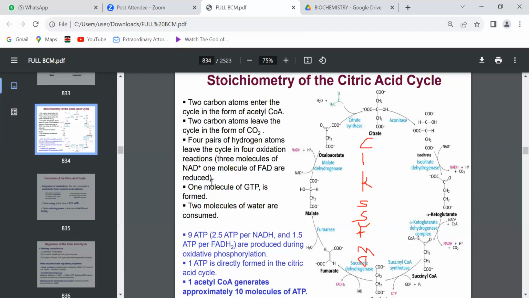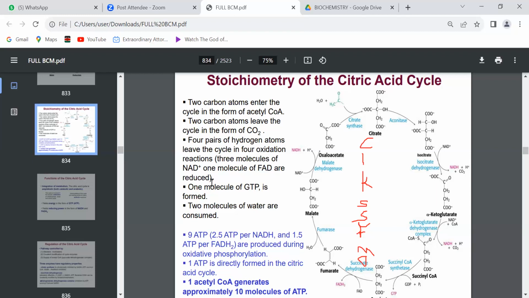So the TCA cycle, as we are finishing, is among the few things in metabolism that can be both anabolic and catabolic.